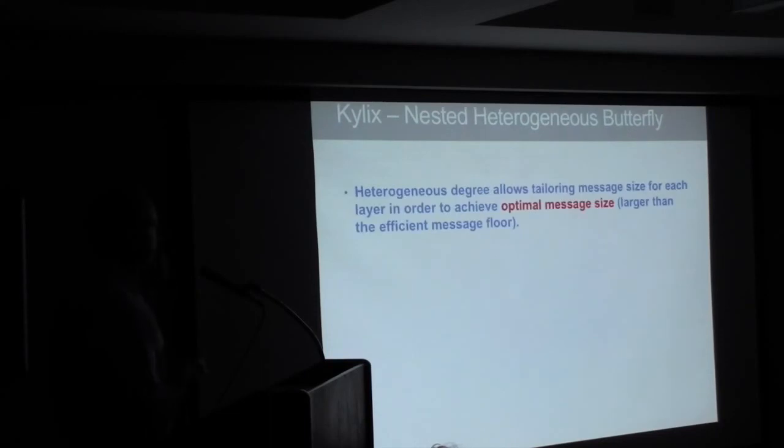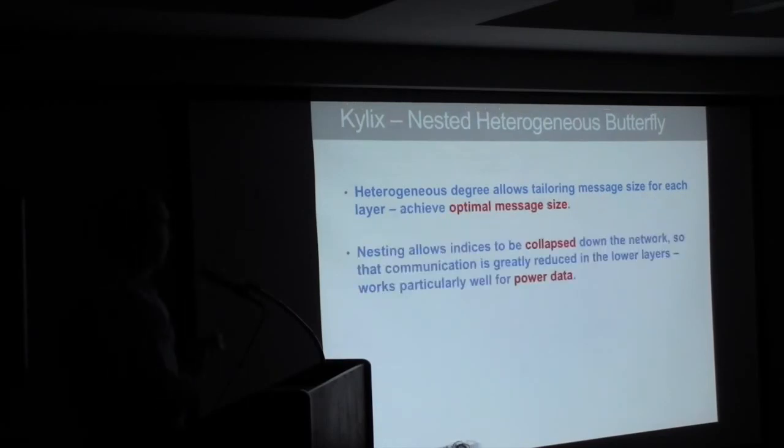So we have these heterogeneous degrees. In fact, the degree should be decreasing all the way down the network because the packet sizes are decreasing as well. That allows us to keep the message size roughly optimal, so we're not suboptimal because we're using efficient message sizes.